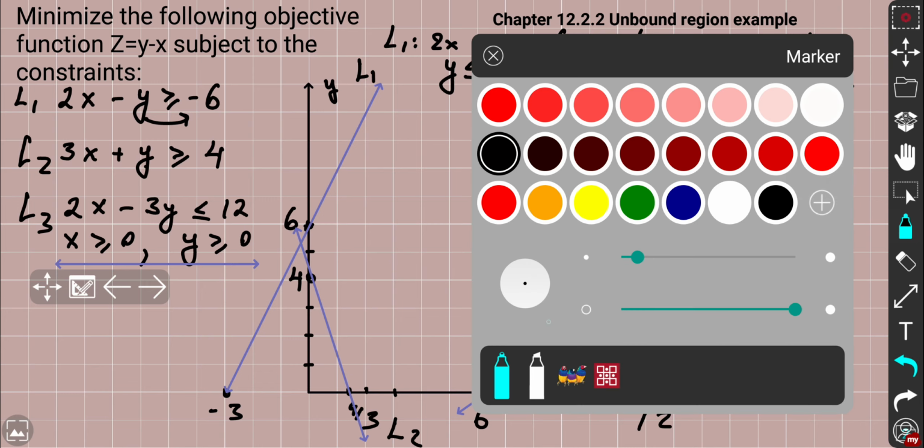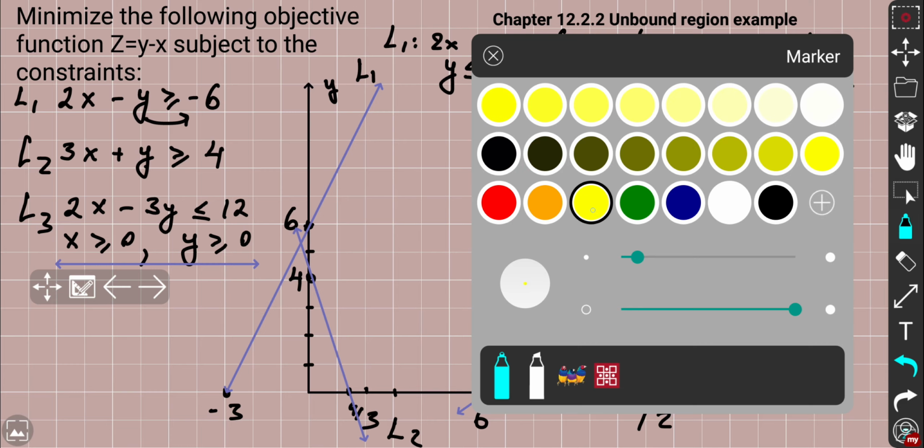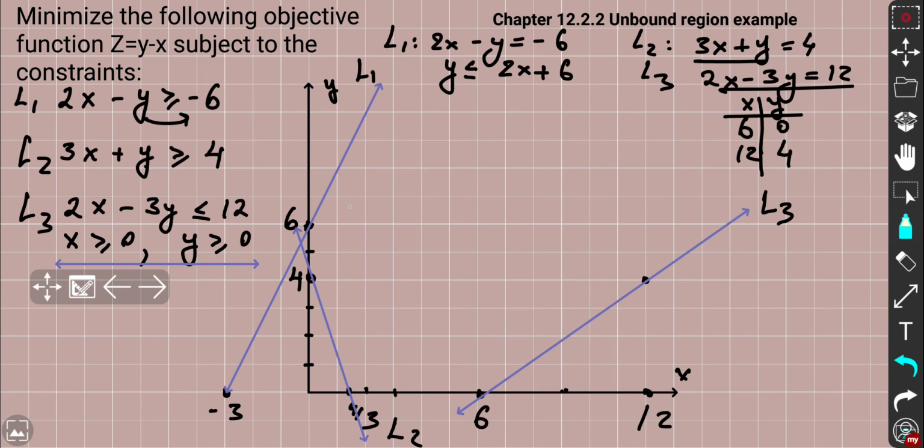I'm now going to use, let's take red one, let's take yellow. It's good. So what about our region? For line 3, y is greater than or equal to, if you transfer negative 3y to that side, so the region is simply above line 3.